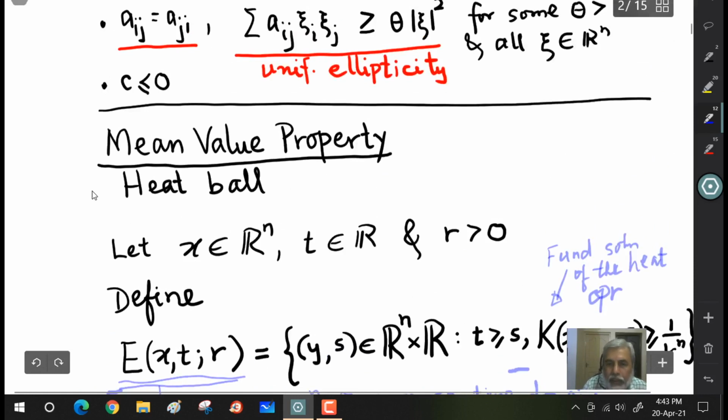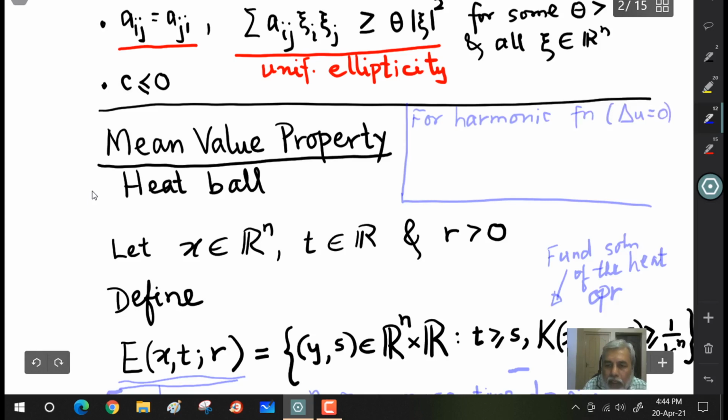For harmonic functions, so we saw, this is Laplacian 0, this mean value property is equivalent to harmonicity.